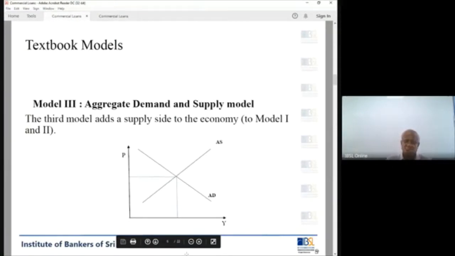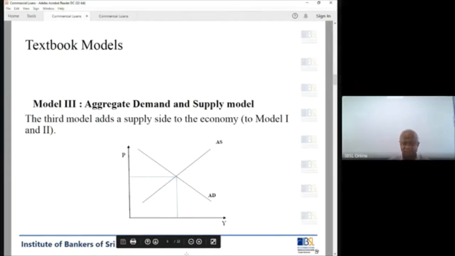If you take any textbook, all three models are there. When they explain economic concepts, economic shocks and policies, they sometimes use AD-AS and ISLM, and sometimes all three, AD-AS, ISLM, and the national income identity, to explain the behavior of shocks coming to the economy, right?